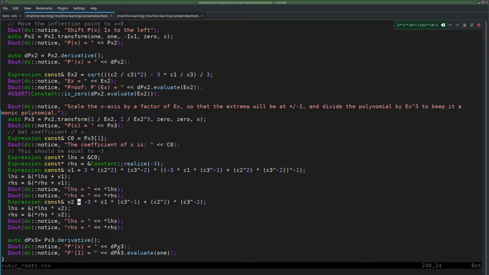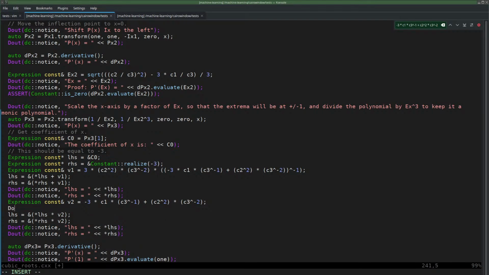But what nonsense is this? I have this expression, left hand side. Add something to it, I print it. Then let's actually print V2 as well. Notice multiplying with V2.